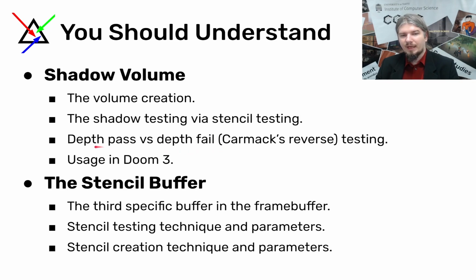How does the depth pass approach create this problematic case where the camera is also inside the volume, and how this depth fail, also known as Carmack's reverse, solves that issue. You know that the shadow volumes were used in Doom 3. In addition, you also learned the stencil buffer. This is the third specific buffer in the frame buffer. You learned about stencil testing technique and its parameters, and the stencil creation technique and its parameters.